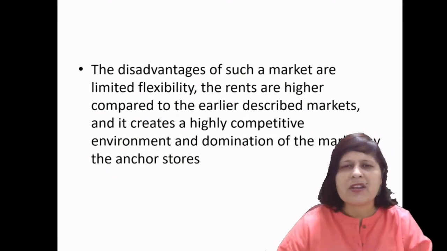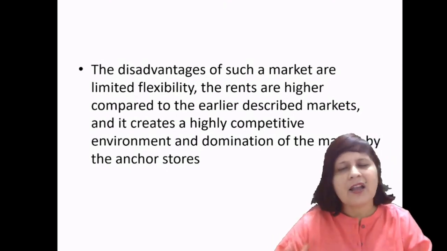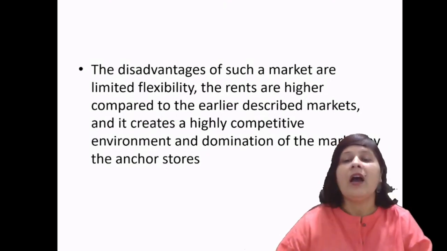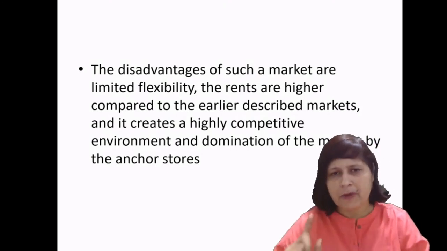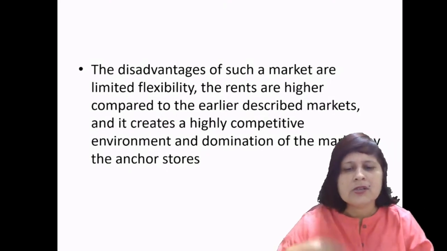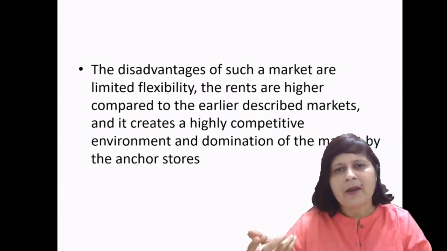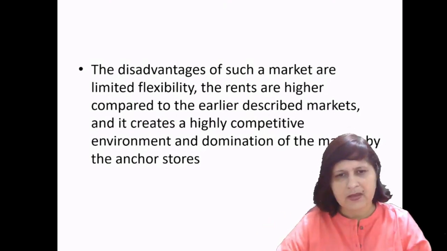Disadvantages: such markets have limited flexibility, rents are high, and it creates a highly competitive environment. Competition could be very high, and there is domination of market by the anchor stores. Because these anchor stores have crowd pulling capacity, these planned markets are dominated by the anchor stores, right?